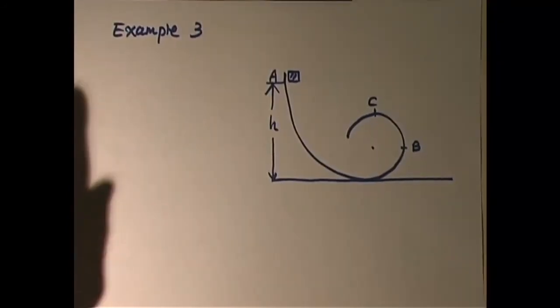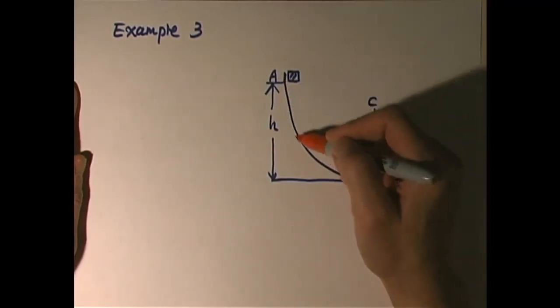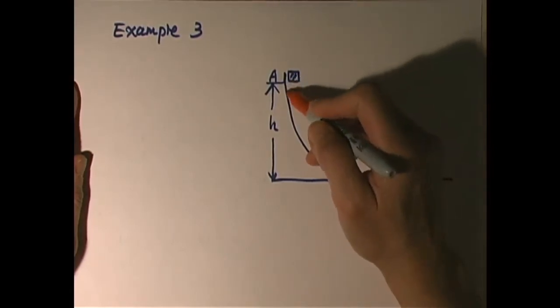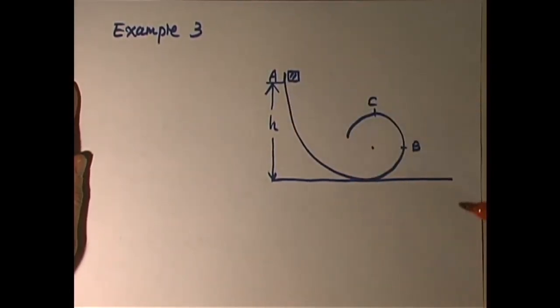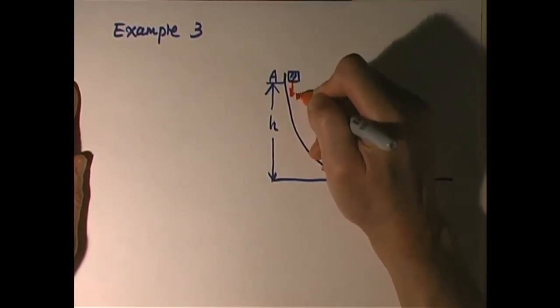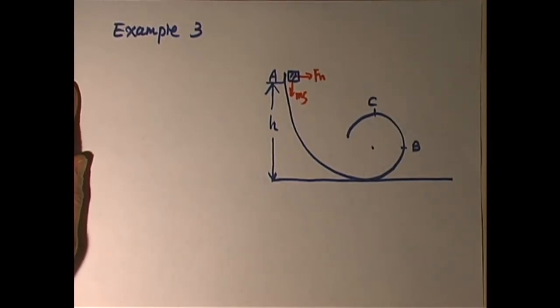Okay, let's look at another example. If we have a block right here, position A, there is no friction between the block and the slope. Let's say the block never loses contact with the surface. We always mark that Fn, a normal force, that's a contact force.